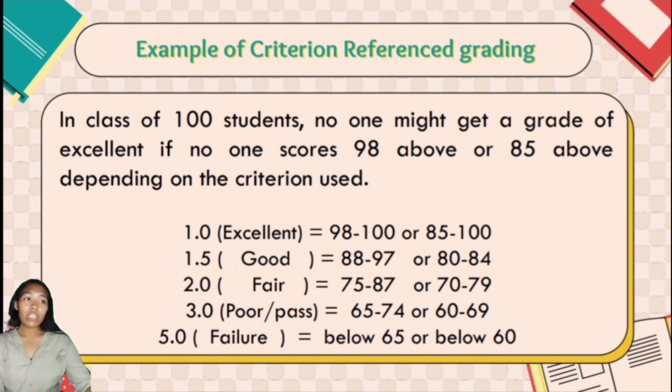While 5.0 is failure, or below 65 or below 60. So this is just an example of criterion reference grading.